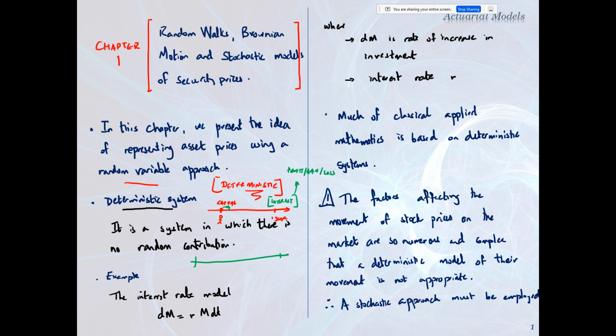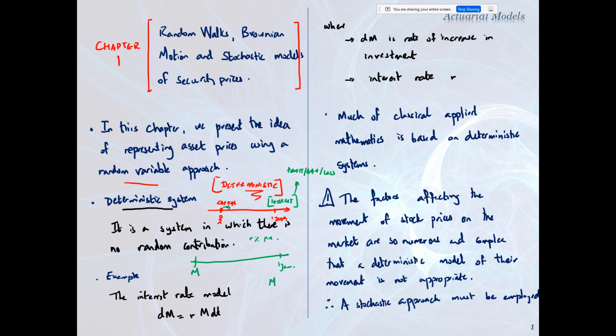So let's say you invest M here in the bank, and I'm saying to you that we have R% per annum. That is, you get an interest of R% per year when you invest 1 rupee. So here, let's say you're investing M rupees, and here it is 1 year. So what will happen?